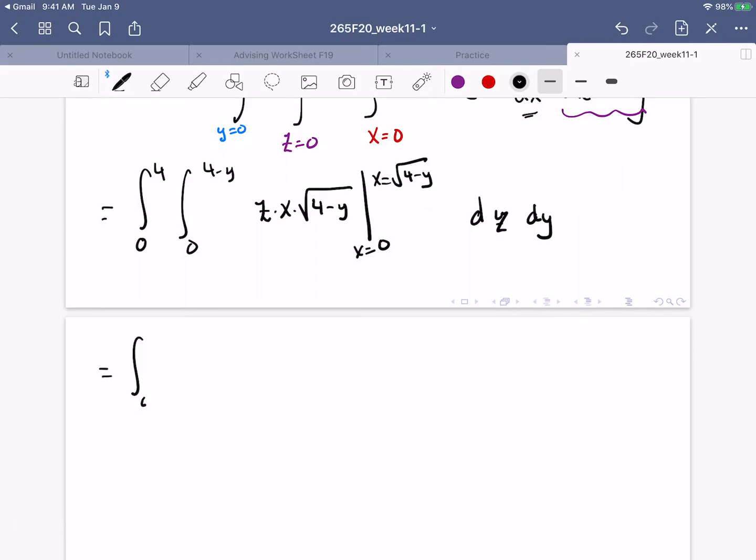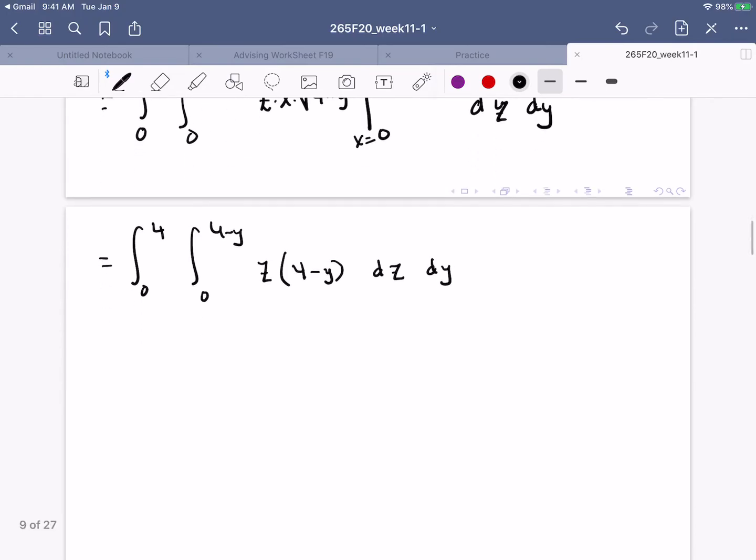So continuing, this is the integral from 0 to 4, the integral from 0 to 4 minus y. And so this is going to be z times the square root of 4 minus y times the square root of 4 minus y. So that's just going to be 4 minus y. And then I'm going to integrate with respect to z and then y.